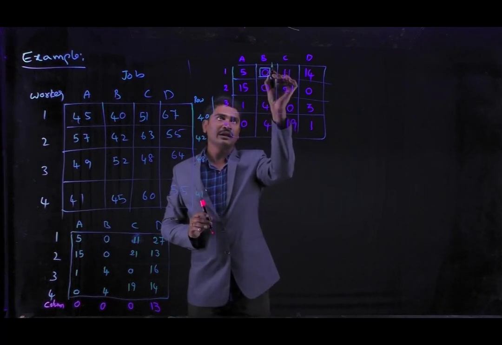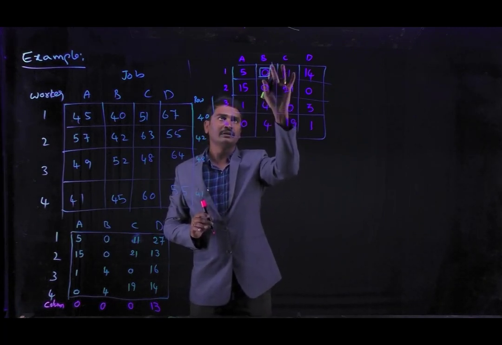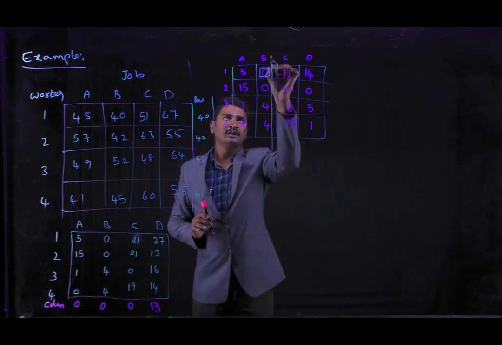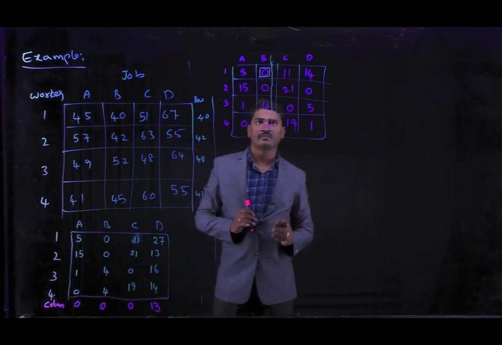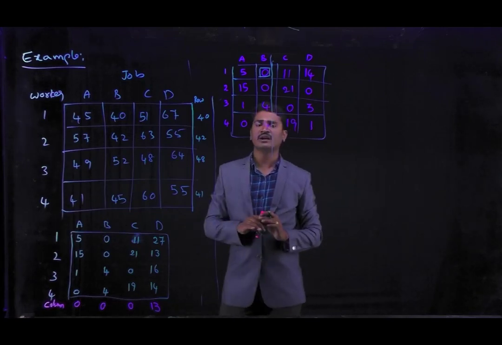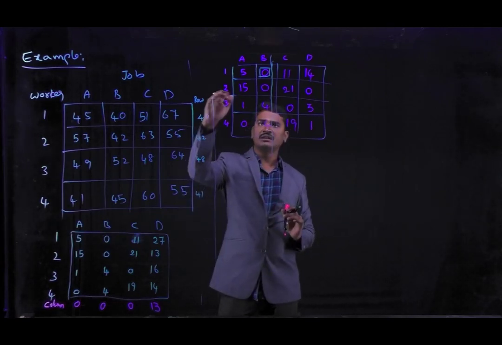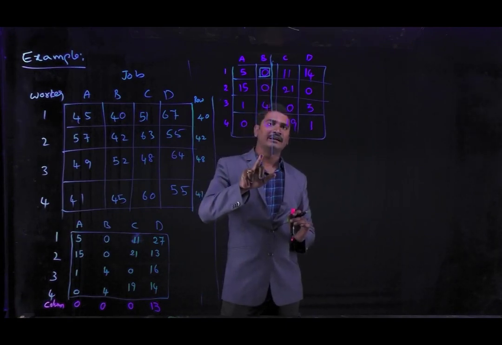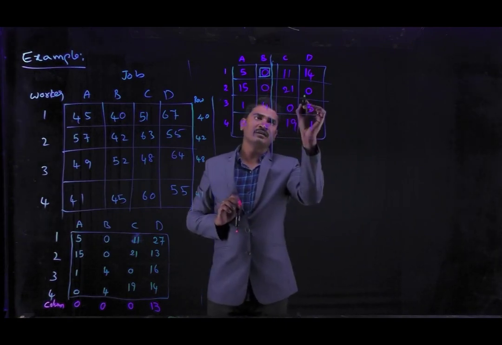Okay, the line means it is a deleted column, we are not considering. Next, coming to the second row searching, here 2 zeros are there, already 1 0 is deleted. So simply we are going to assign another 0.